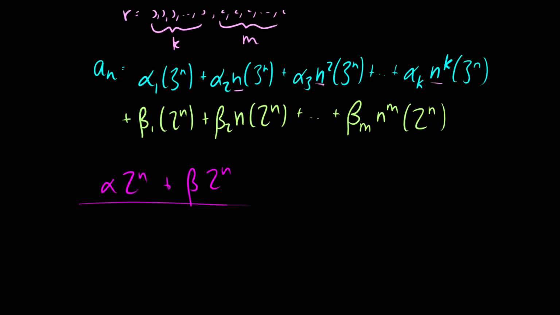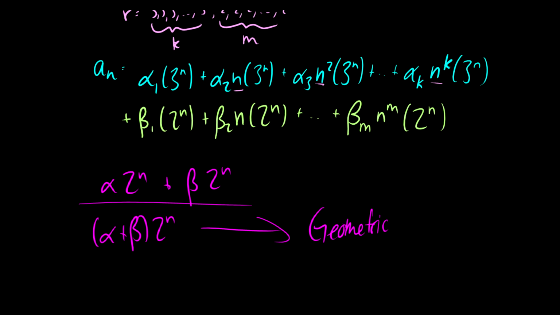If we have this result, really it's the same thing as saying alpha plus beta times 2 to the n. But we know this can't happen because if this did, then it would be geometric. But it's not geometric, so we clearly need something else in here to prevent it from being geometric. So this is why that doesn't work.